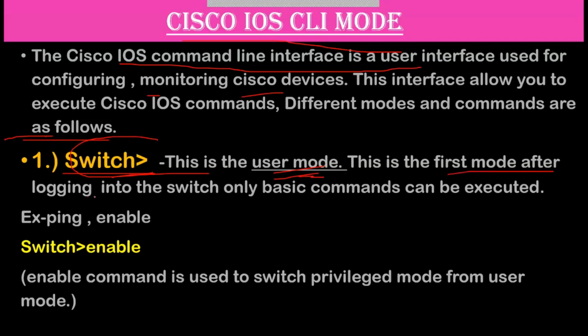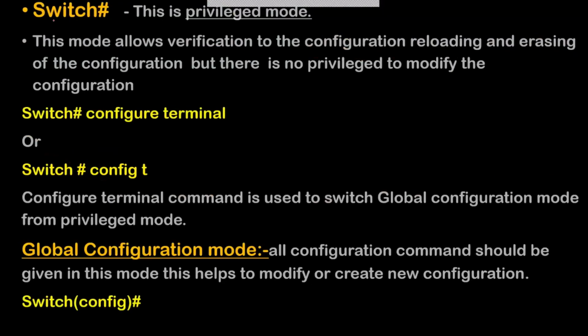This is the first mode after logging into the switch. Only basic commands can be executed here, like ping, enable, and some more commands as we discussed. If you want to go to the next mode, type the command enable. Then you get privilege mode.